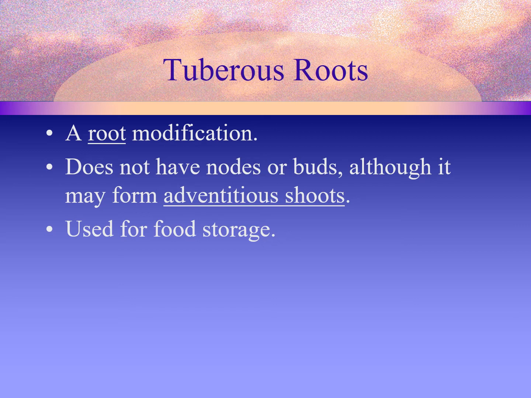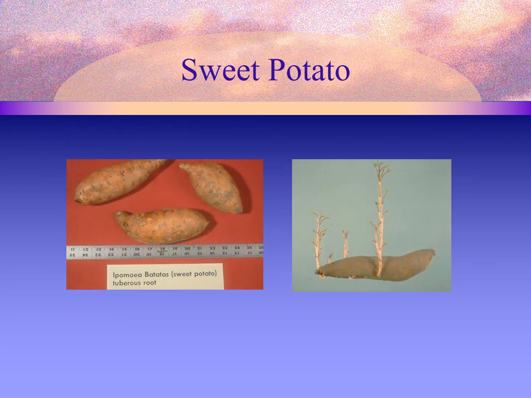Now don't confuse tuberous roots with tubers. Tuberous roots are root modifications and tubers are modified stems. So here's a picture of sweet potato. Sweet potato is an example of a tuberous root.